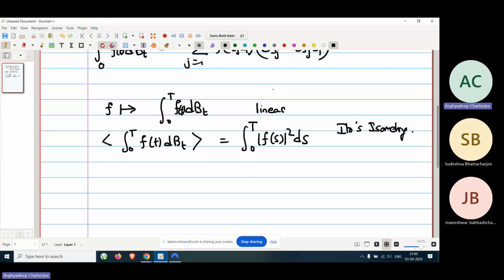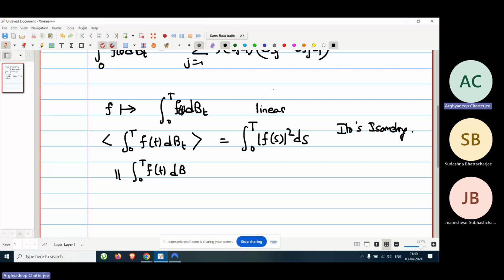And so basically we also had that the L2 norm of this martingale. Aryadeep, one small question: when you say isometry, it's usually a distance preserving map, right?